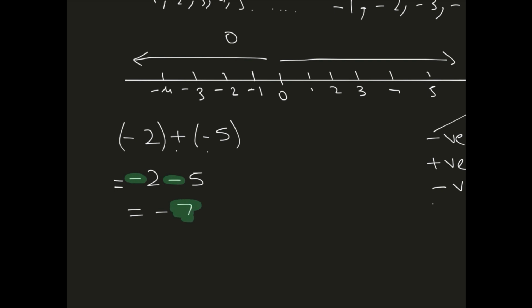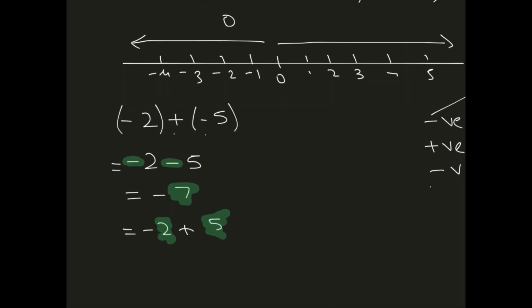And if the signs were different, for example -2 plus 5, then because the signs are different, we won't add the two numbers, but we'll subtract the two numbers, and the sign of the greater number is the resultant sign. The sign of the greater number is plus, so our resultant sign will be plus, and we subtract the two numbers. So 5 minus 2 is 3.